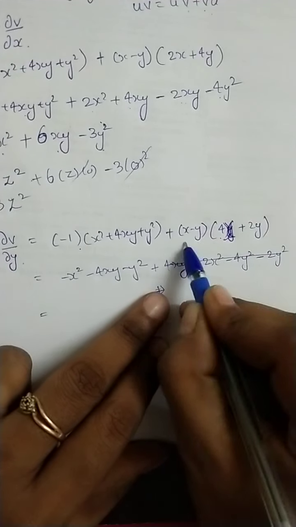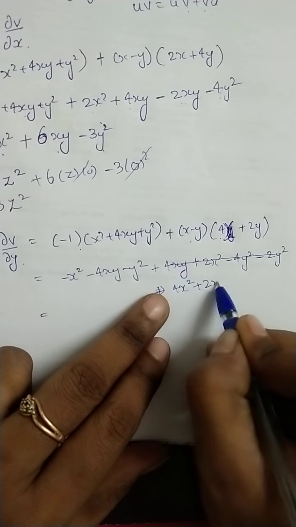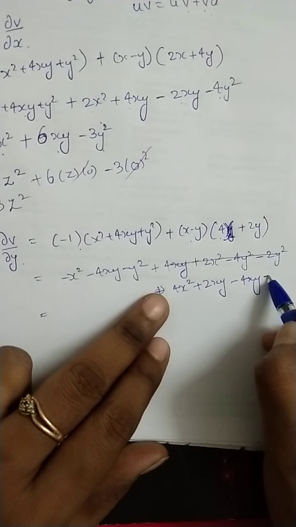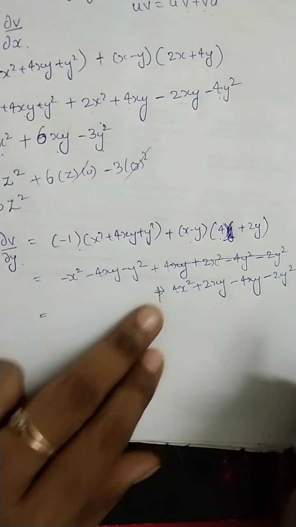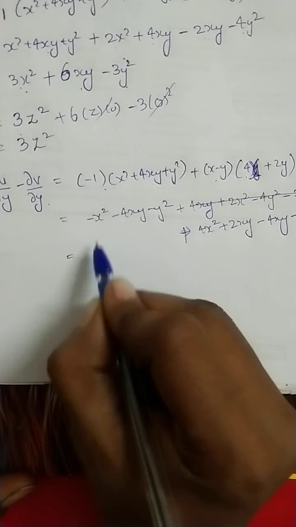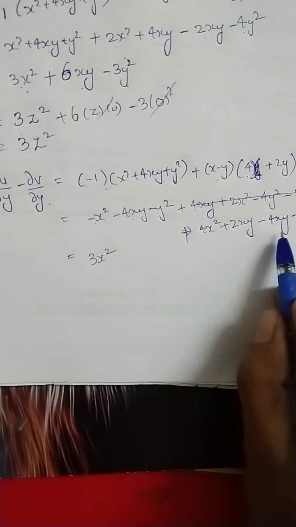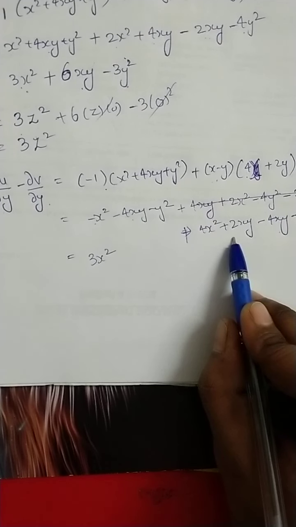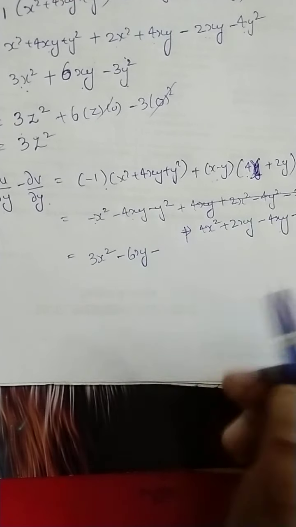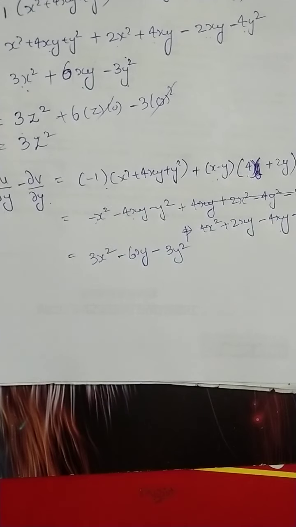So plus x into 4x square plus 2xy minus 4xy minus 2y square. So this is our equation. Now 4x square minus 3x square, 1x square, that is 3x square, again 4xy and one more. So minus 8 plus 2, that is minus 6xy, minus both are negative, so 3y square. So this is our equation.